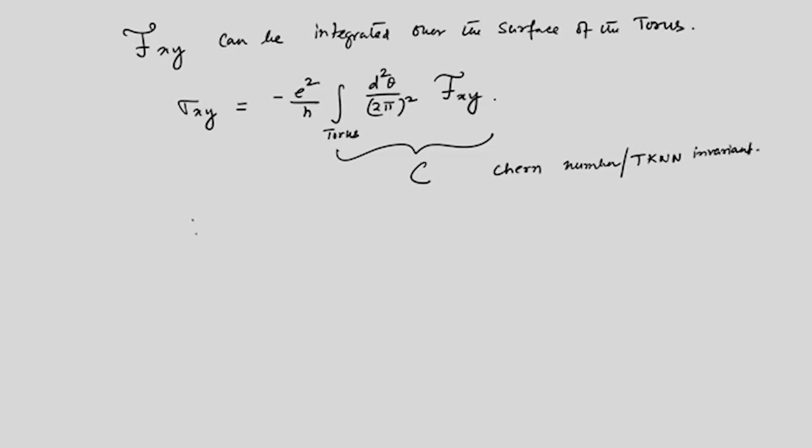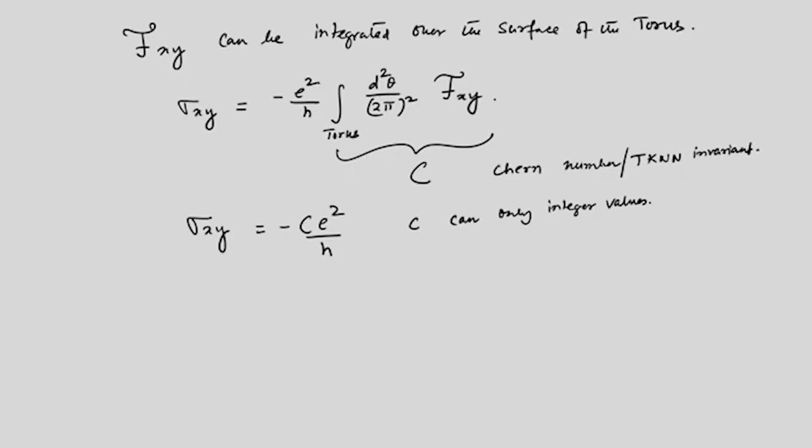So your sigma xy becomes equal to C e squared over h, of course you can absorb the minus sign, or even if you do not, it does not matter, and C can take only integer values. I leave this discussion at this point, but may come back later to why C is necessarily an integer.